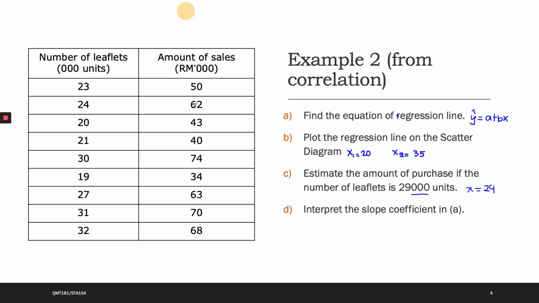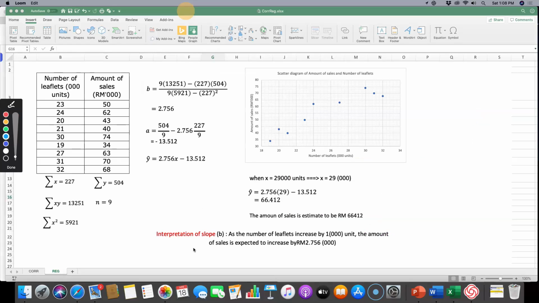So from our calculation, the value of slope represented by B is 2.756. So what is the interpretation of this slope?